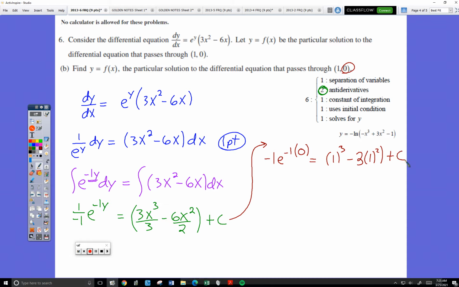This will be e to the 0, which is 1, times negative 1, so negative 1. This side will be, don't forget that parenthesis, 1 subtract 3 plus a constant. So negative 1 is equal to negative 2 plus a constant. That's going to give us a value of c that is equal to 1.